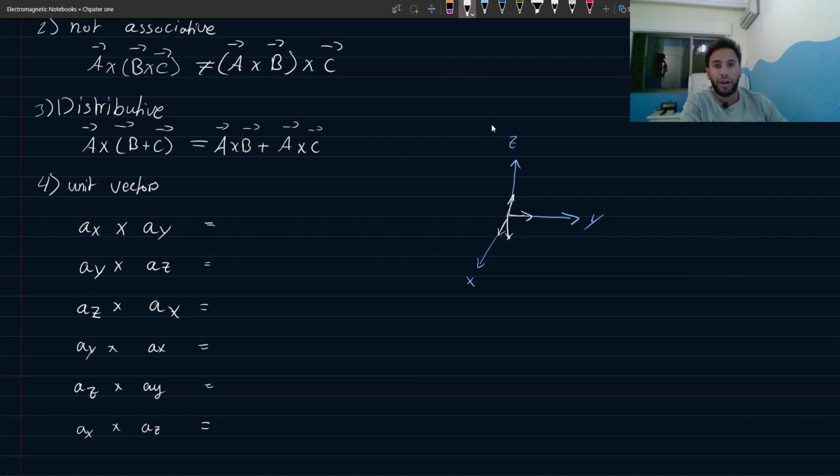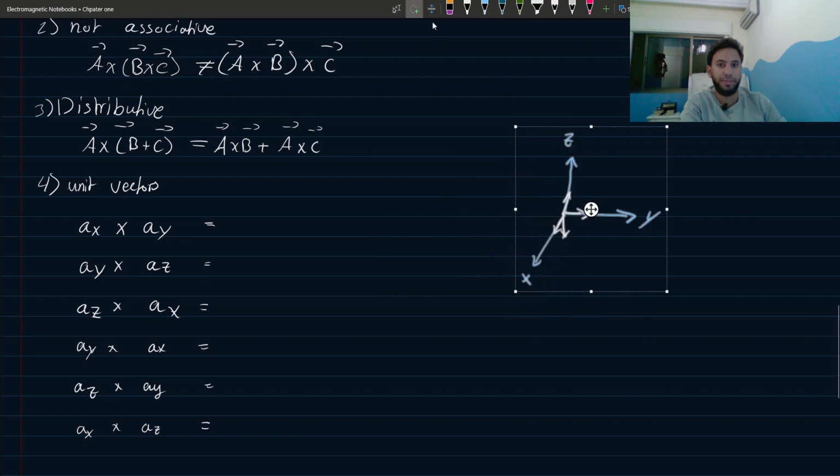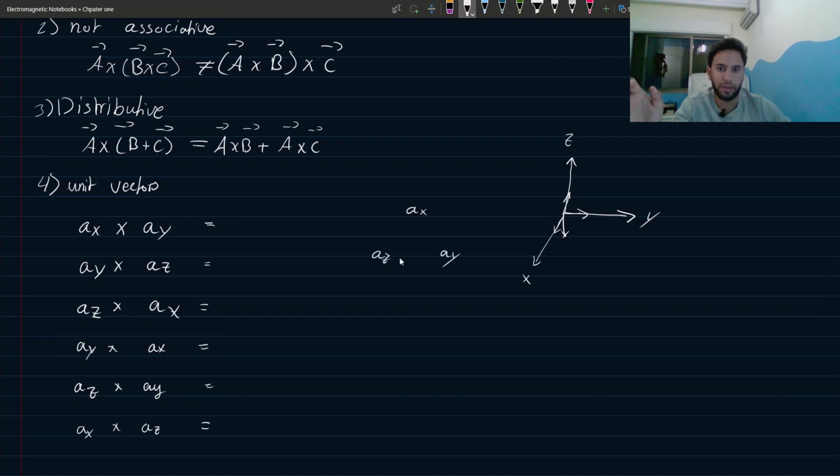And to know that, we use this thing called the unit cycle. I think that's what it is called? And it is ax, ay, and az. And there is an arrow going from x to y, y to z, and z to x.